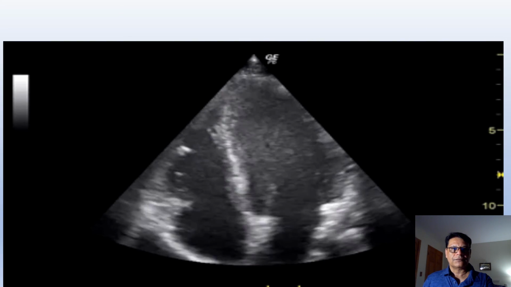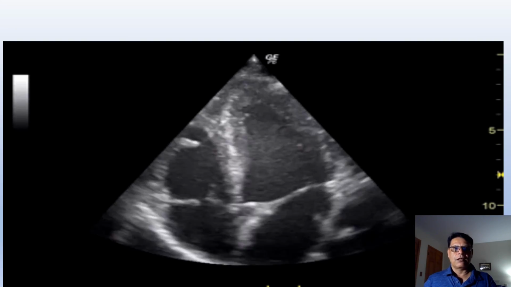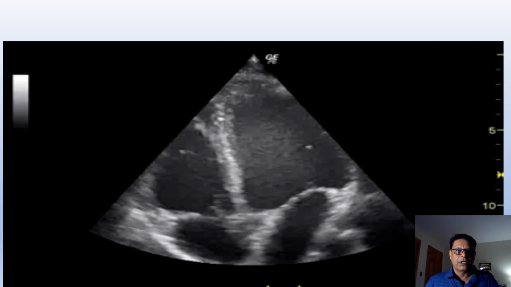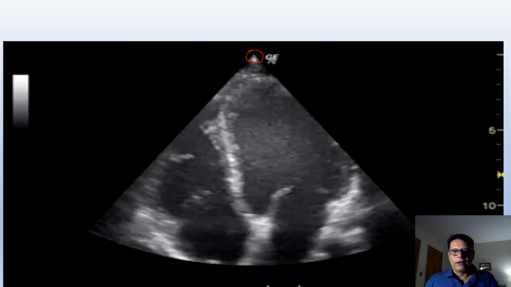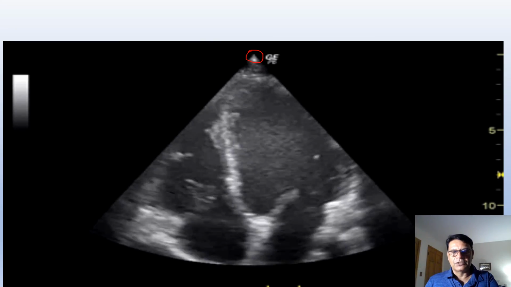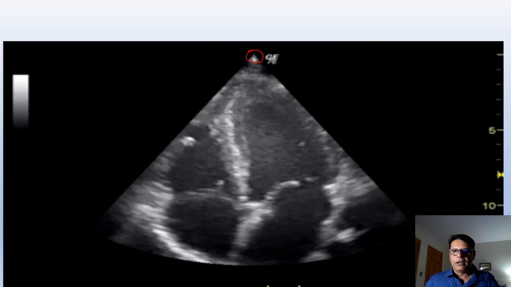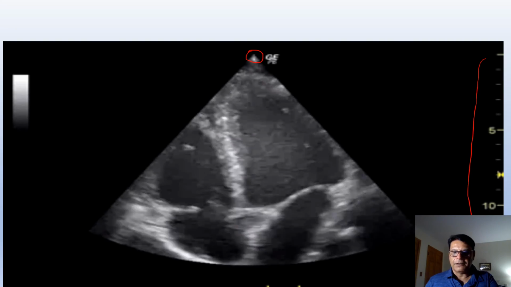And this is a cardiac scan, you can see the cone-shaped image, and the top is showing that this image is created by the cardiac transducer, and here is the depth scale.